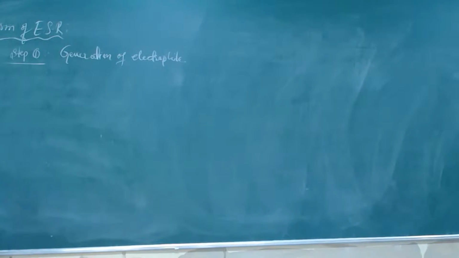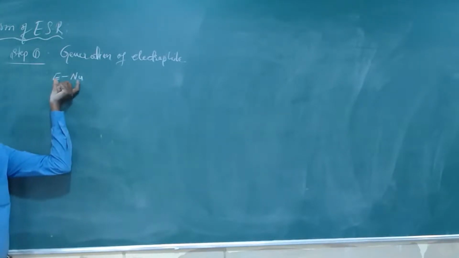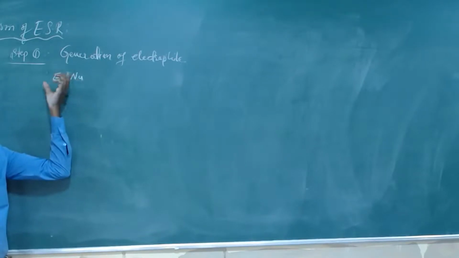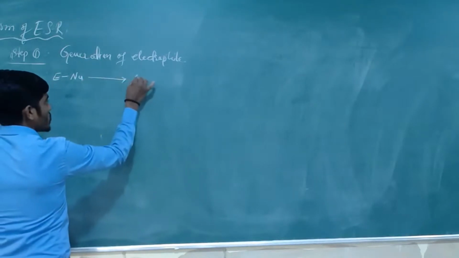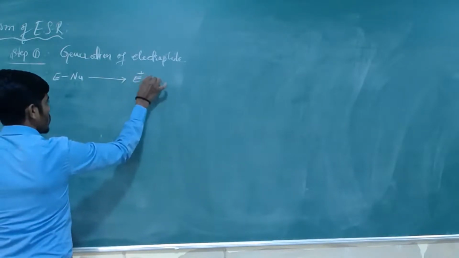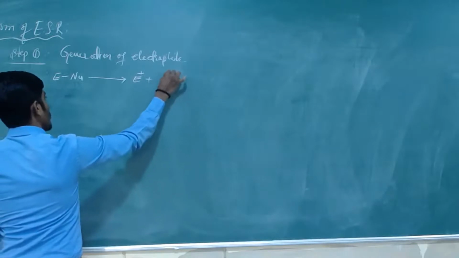For example, benzene is reacting with some reagents: X2, the nitrating mixture, sulfonation, alkylation, acylation. In a general reaction, the reagent produces E plus and the negative part.